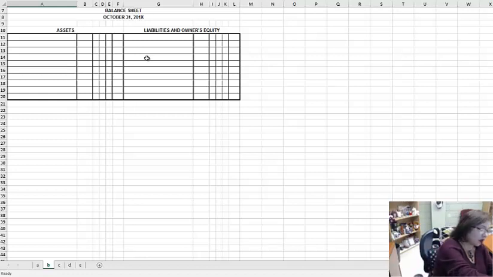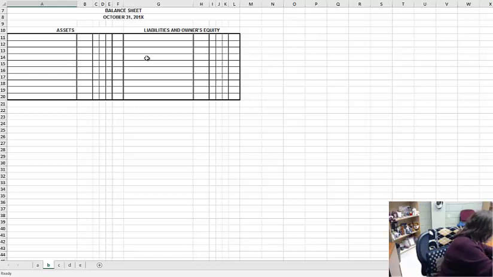What does that look like? Well, remember, if you go back in your book or in the PowerPoint, I show you what they're supposed to look like, as far as what the balance sheets all look like.